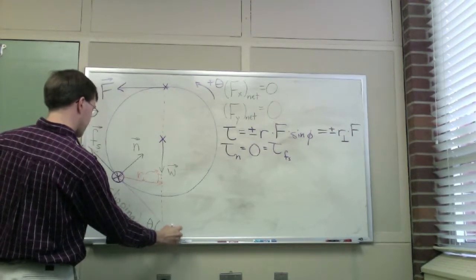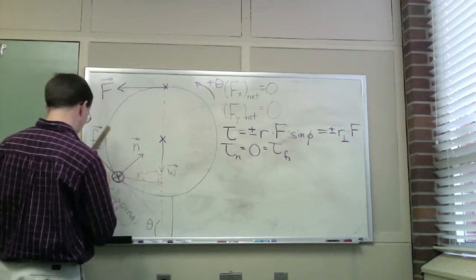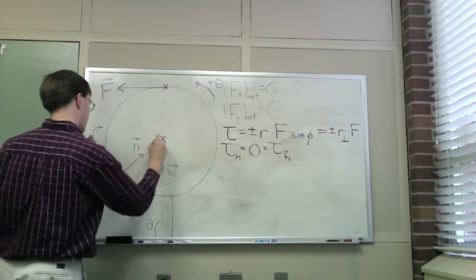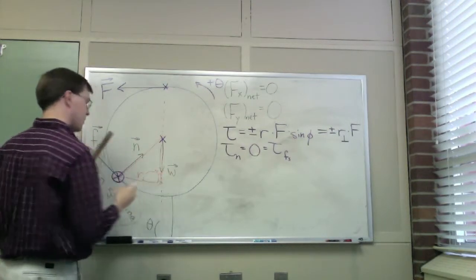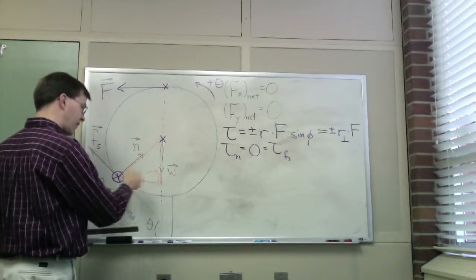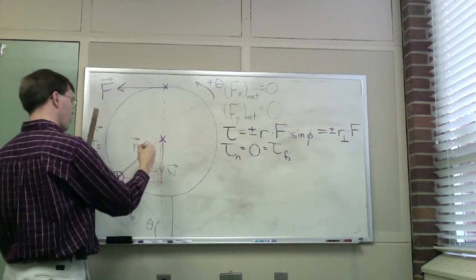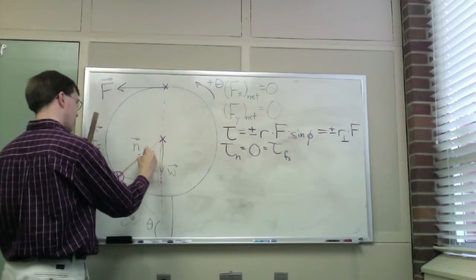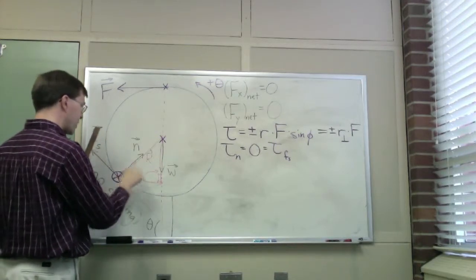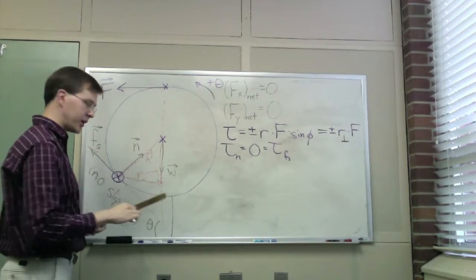I'm just going to be really explicit here. Let me find an angle. Basically, I'm looking at the right triangle that I can draw up here, like so, that has the weight vector over here. I want to find this length. I know that this side is the full radius, capital R, of the circle. And I want to find one of these two angles so I can use some trig to find our perpendicular.